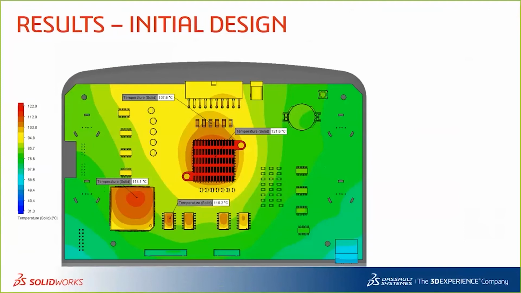So the capacitors on top of that heat sink are reaching a temperature of 107.6 Celsius. This may be pushing the maximum requirements for that capacitor. So we might be overheating those capacitors.